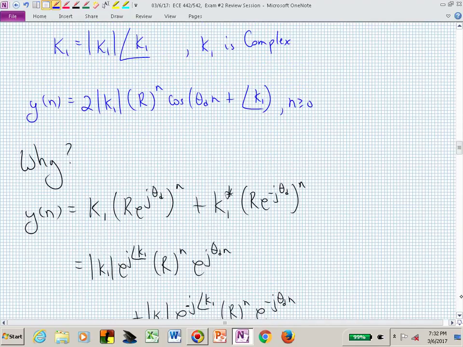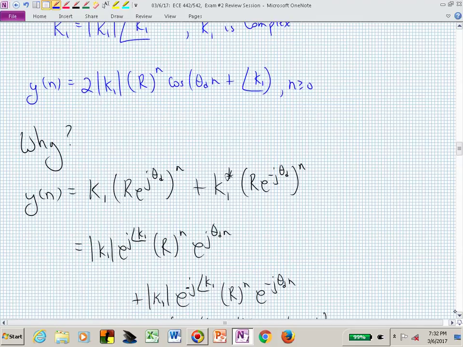And we can do its twin. K1 conjugate has exactly the same magnitude. Its angle is just its negative. And so now we can say, that's minus j times the angle of K1. And that's corresponding now to r to the n with e to the minus j theta sub dn.